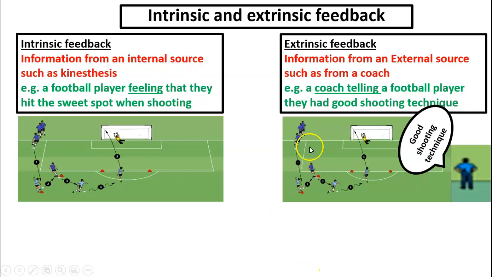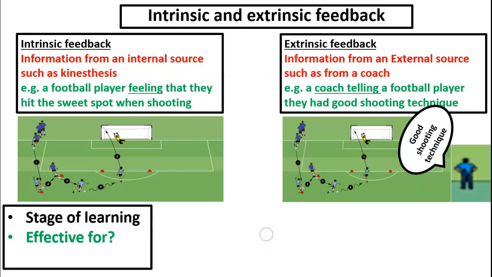Now if we go through from here, as I said on the previous slide, in order to make sure our evaluation points are structured, coherent, and we're going to guarantee that we're on the mark scheme, it's important we follow the stage of learning for each feedback. And I'm hoping these two feedback types, intrinsic and extrinsic, we have used before. When have we used them? We have used them when we've talked about the stages of learning.